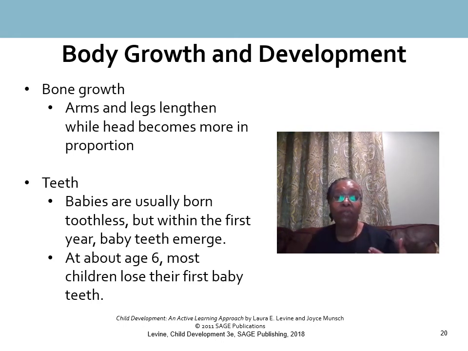The layer of subcutaneous fat that a 5-year-old may possess will start thickening by 9 months old. So young children start to lose that chubbiness, that baby fat, as we might call it as moms. Boys and girls start to lose that baby fat and start gaining muscle during early childhood.